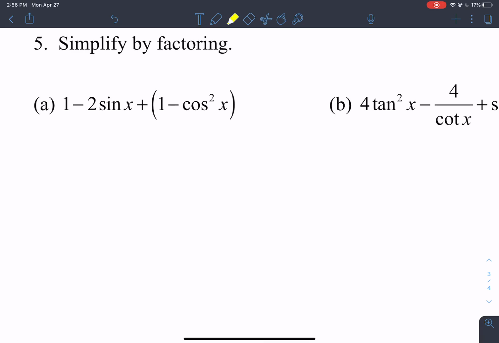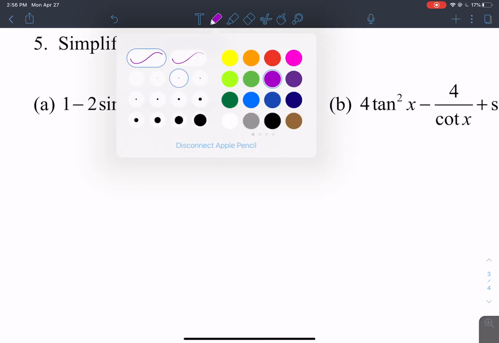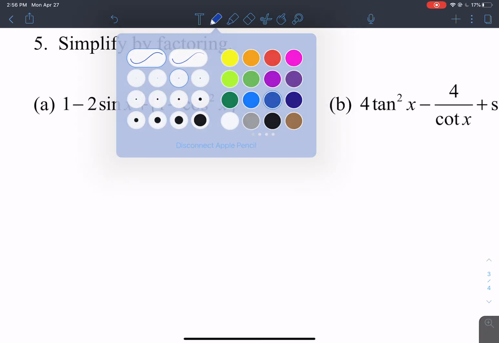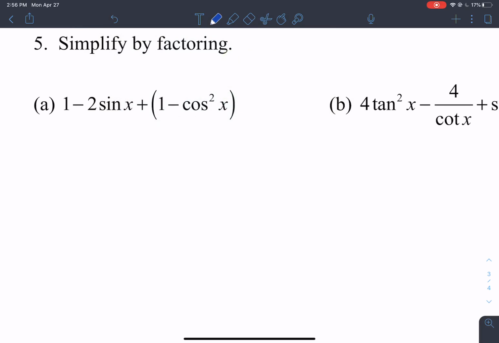Okay, now the next one says simplify by factoring. Now, typically when you're factoring, it's probably helpful to put everything in the same function, kind of like the same term. So what could I change 1 minus cosine squared to be?